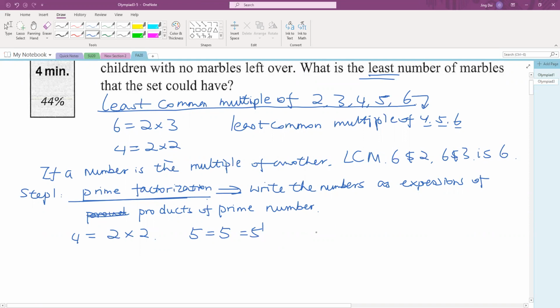For those of you who do not know power or exponent, we can just write 5 as 5, 4 as 2 times 2, and 6 as 2 times 3. So let's check again. All of these are prime numbers. We have done the first step of writing the numbers as expressions of products of prime numbers only.